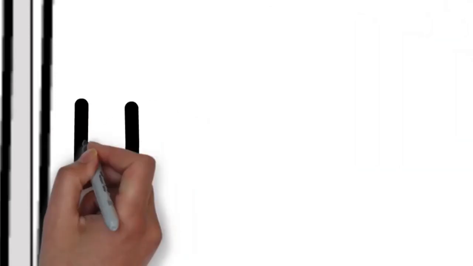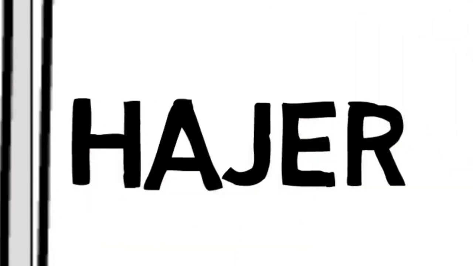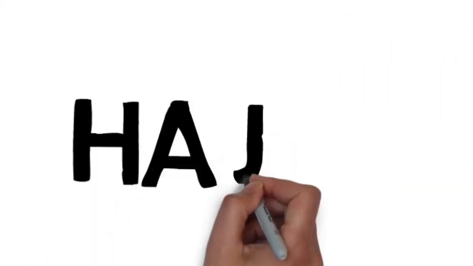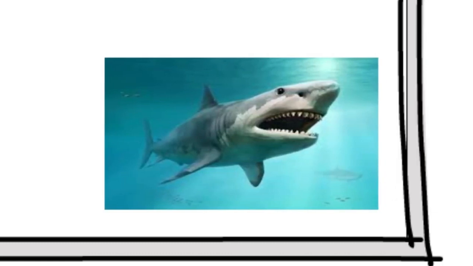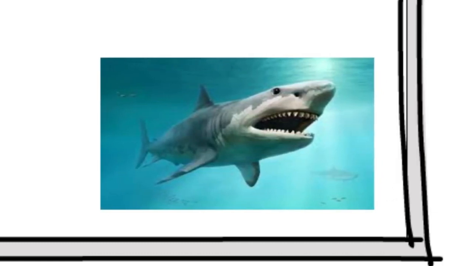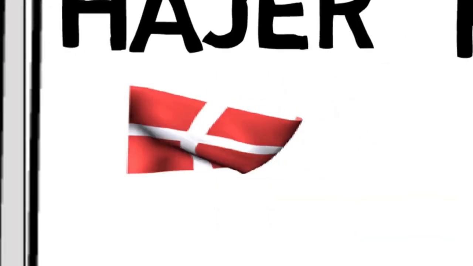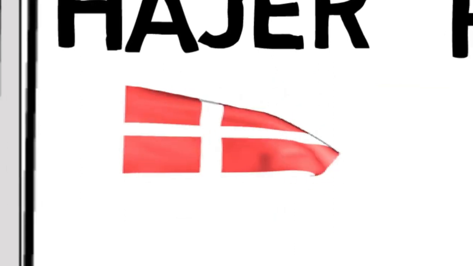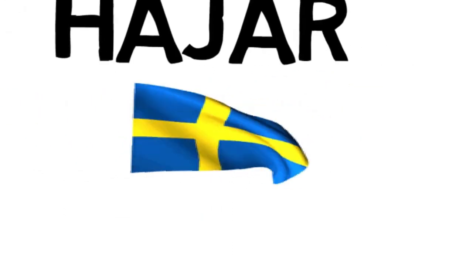The Danish for haja is sharks, which is very similar to the Swedish word haja with a. Basically, the letter J in Danish and Swedish is pronounced as Y sound, but your passport doesn't speak.